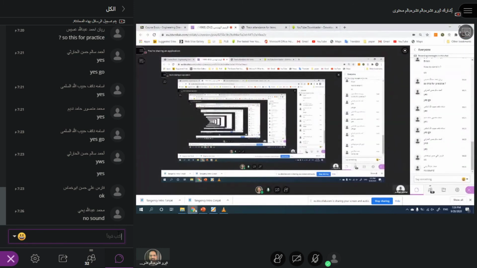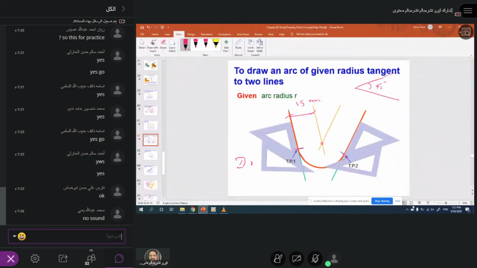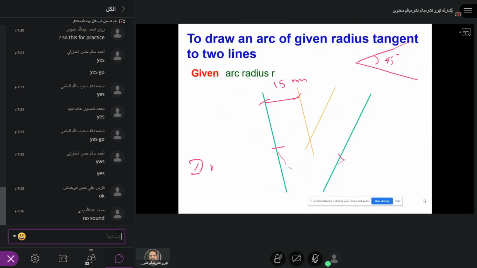Okay, so let's move on to the next exercise. Now we are drawing an arc tangent to an inclined line. It is given as 45 degrees. You can draw lines of any length, but the angle should be 45. Then take radius equal to 15 mm.